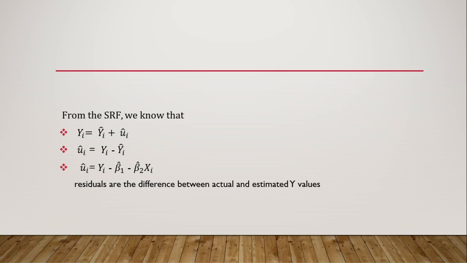So we can say that residuals are the difference between actual and estimated Y values. The residual term ui hat is the difference between the actual Y observation, indicated by Yi, and the estimated Y value, denoted by Yi hat.